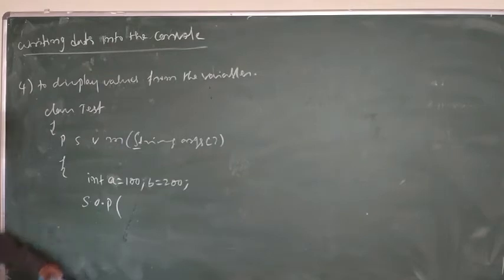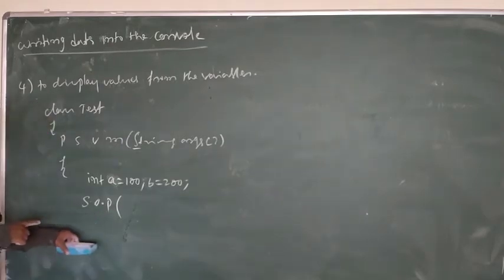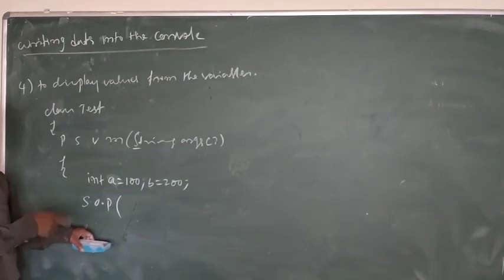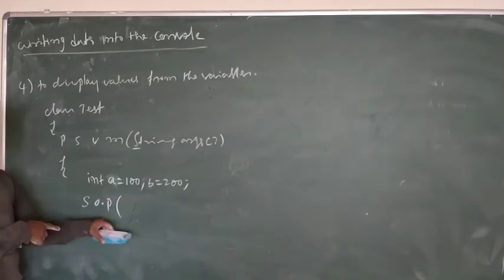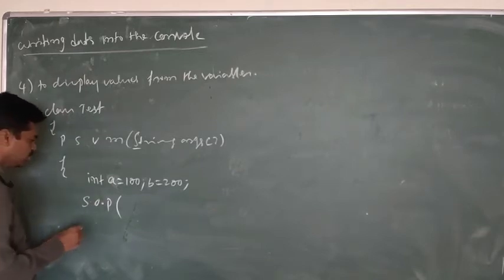I write SOP just in short form, but you cannot write like this in the computer. To compile any program, you cannot use a shortcut. You have to write the complete statement. Understood?